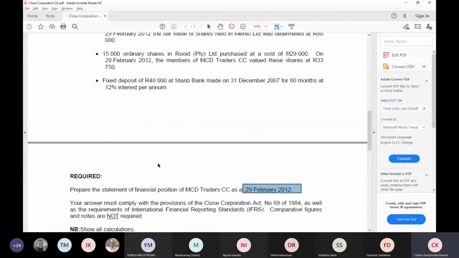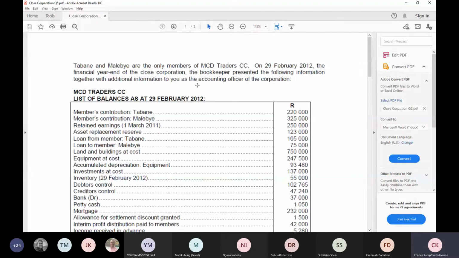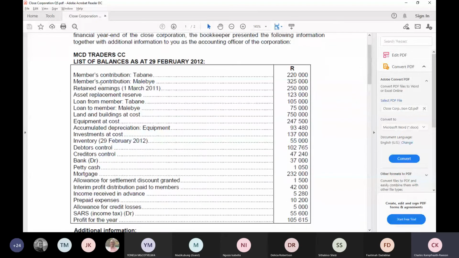Okay, so we sit here with Tabani and Malebai, the only members of MCD Traders CC. On the 29th of February 2012, the financial year end of the closed corporation, the bookkeeper presented the following information together with additional information to you as the accounting officer of the corporation. So there we have Tabani and Malebai's capital or members' contributions.